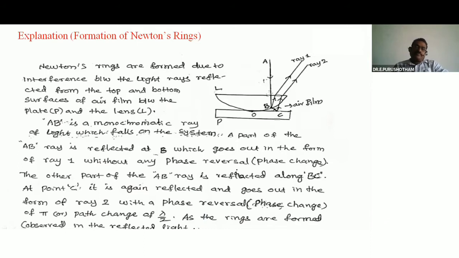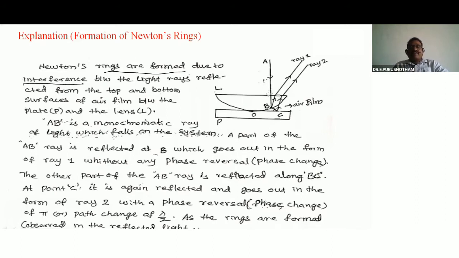Microscope M. So, the explanation or formation of Newton rings, very important. Newton rings are formed due to the interference pattern.